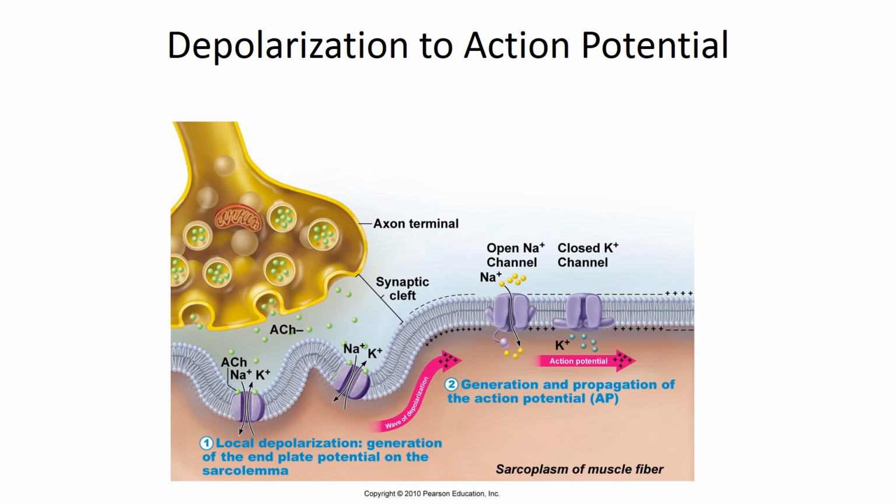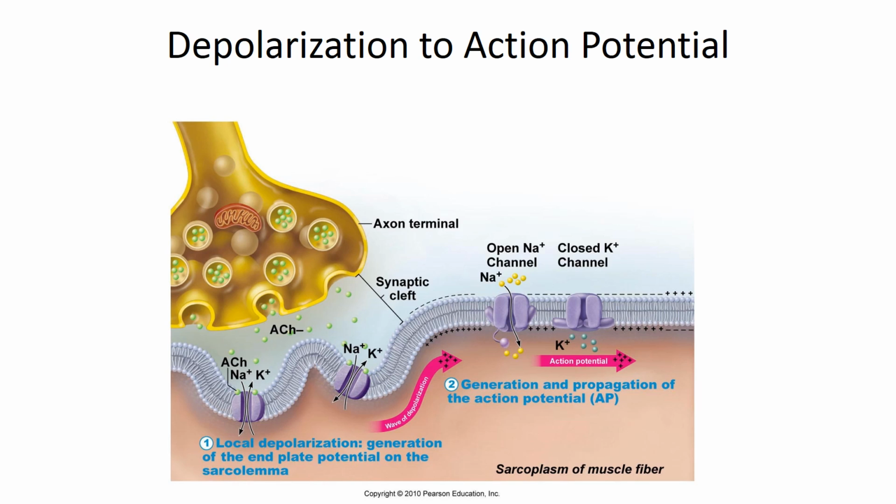As sodium begins to accumulate on the inside of the muscle cell, the resting potential is decreased and local depolarization occurs. That is, a patch of sarcolemma immediately around the sodium channel becomes more positive inside with respect to the outside. And the action potential will propagate along the sarcolemma.